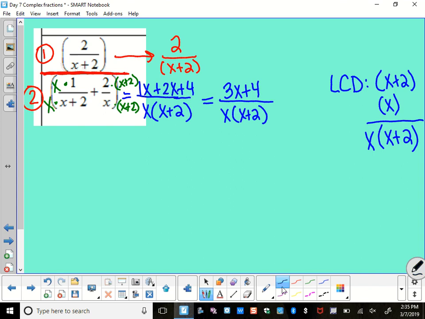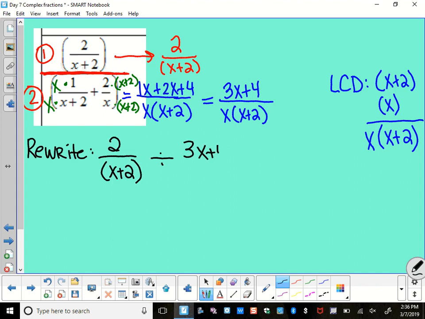Are you guys rewriting or are you skipping right to the keep, change, flip? Rewriting. Are you? Okay. So if we rewrite this, I'm left with my first fraction, which is 2 divided by x plus 2, divided by 3x plus 4 over x times x plus 2.